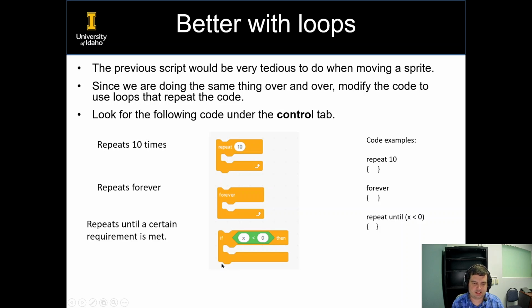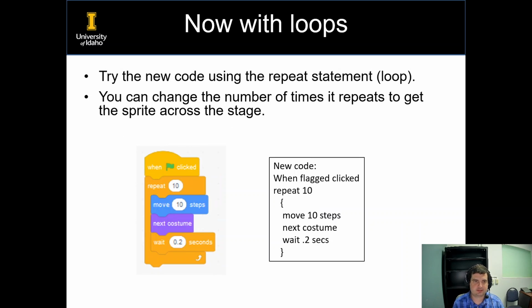And you can see again, it has that little tab down here below that indicates it would continue on to the next thing. For this, as long as x is less than 0, it's going to keep doing this. So once x becomes equal to or greater than 0, it's going to stop.